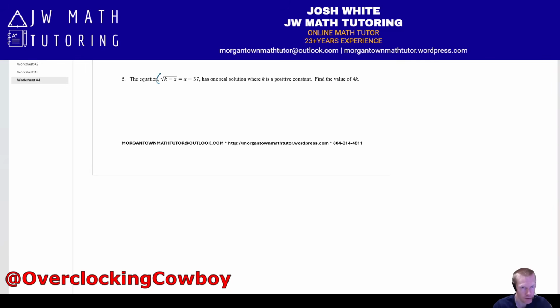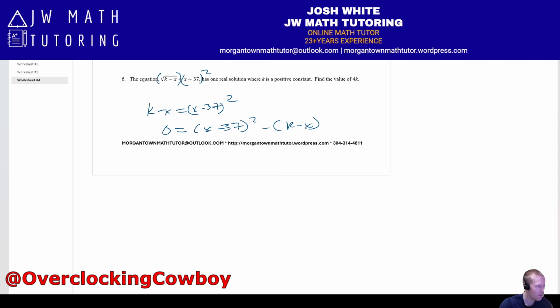So first, we need to square both sides. So you get k minus x equals x minus 37 squared. Then I move everything over to the right, so I've got everything equal to 0. So I just subtracted over this entire expression.